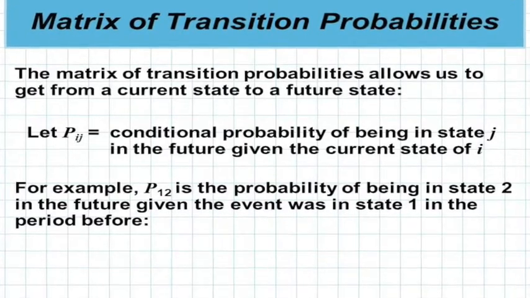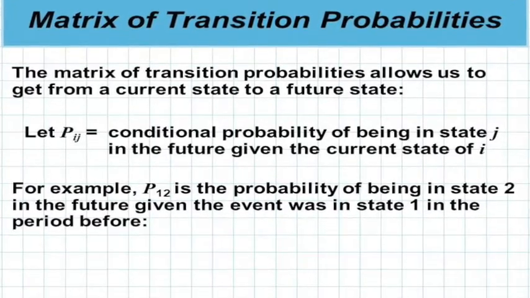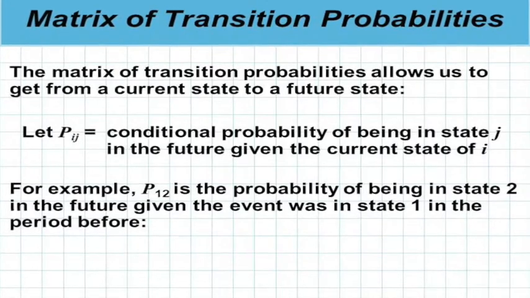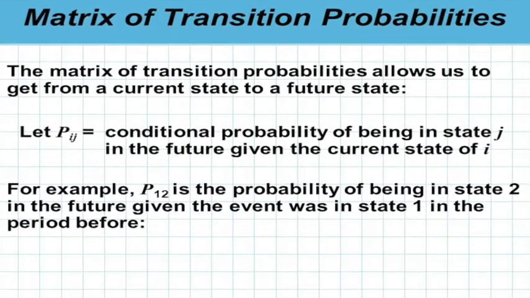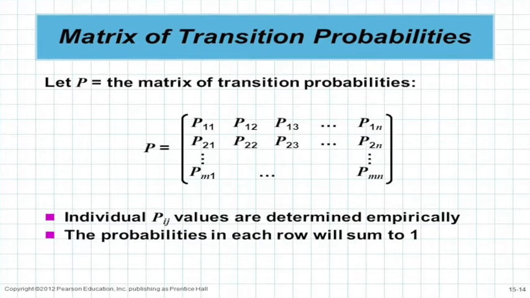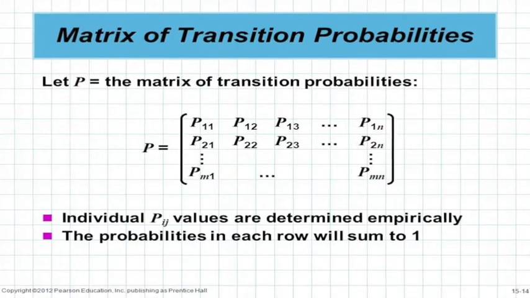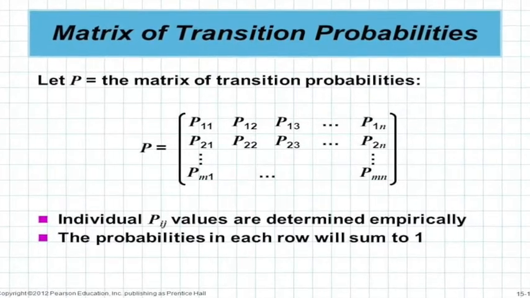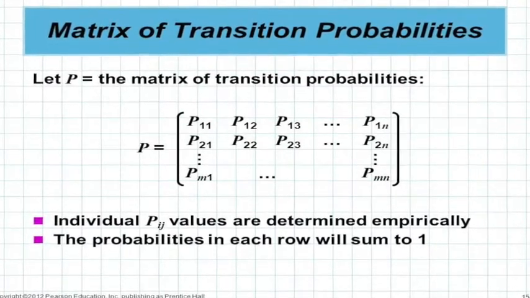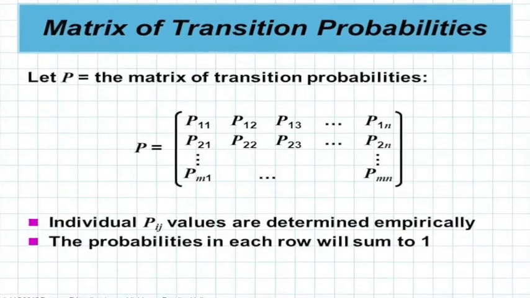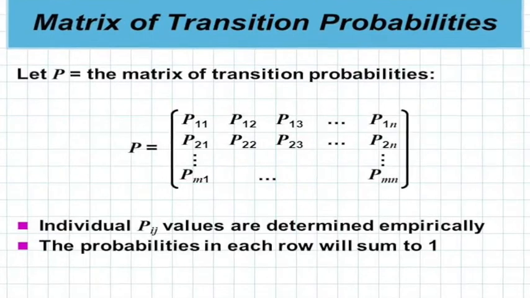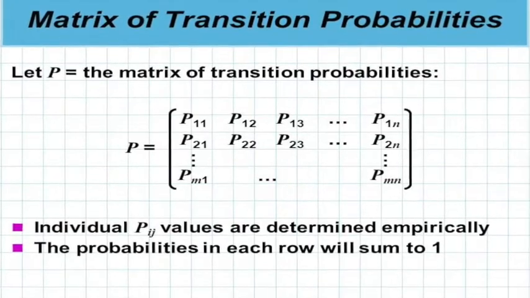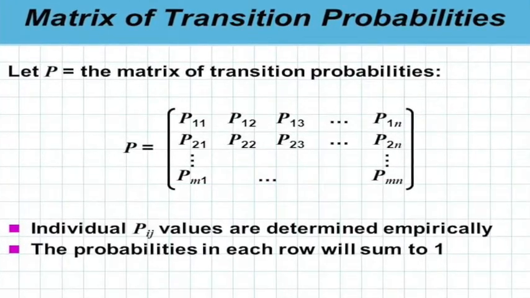For example, P12 is the probability of being in state 2 in the future given the event was in state 1 in the period before. Let P be the matrix of transition probabilities. The matrix is like the one that shows up on the screen. Individual Pij values are determined empirically. The probabilities in each row will sum to 1.